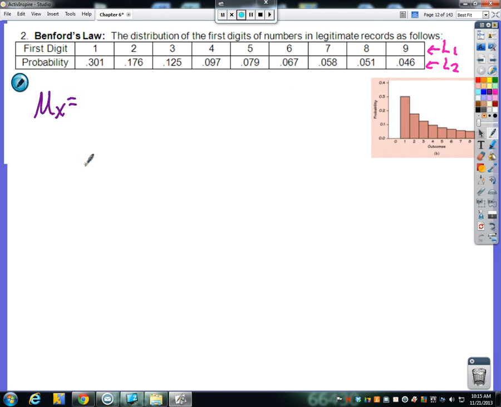So the mean. Here's what we're going to do. We're going to do the very first part and the very last part. I'm not really going to write out 1 times 0.301 plus 2 times 0.176 plus 3 times 0.125. Here's how we're going to make it look. We're going to do the very first part: the individual x times its probability, and then we're just going to skip everything in between.